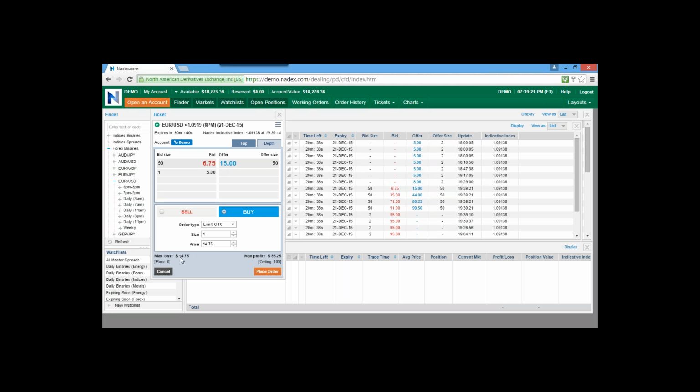So if I'm going to risk $14.75 and lose 9 times, but only win 1 time, even though it felt really good when I risked $14 to make 85, am I ahead or behind? I'm behind. I'm way behind.